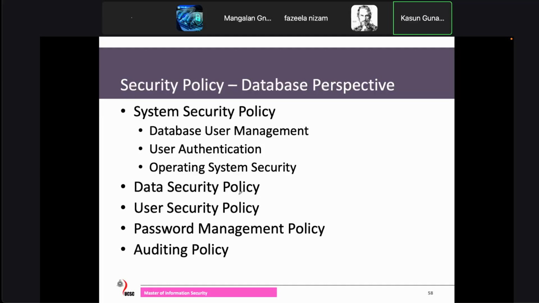Security policy, database perspective. We will look at system security policy, data security policy, user security. So there are lots of policies that we are always looking at when we are into database security and related policies.